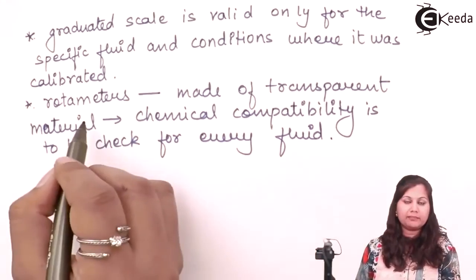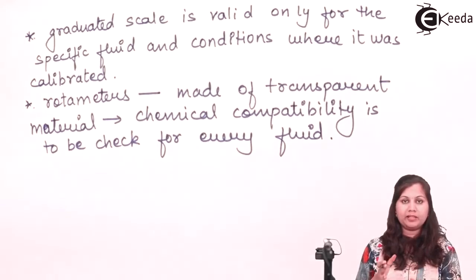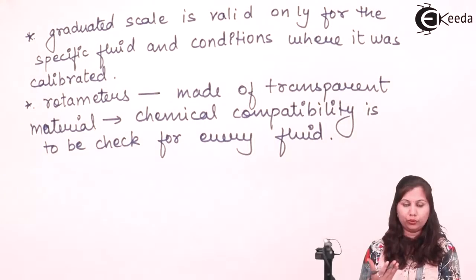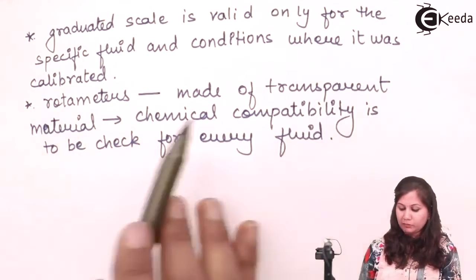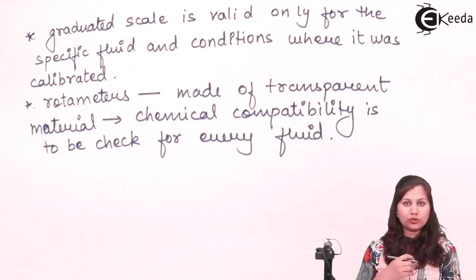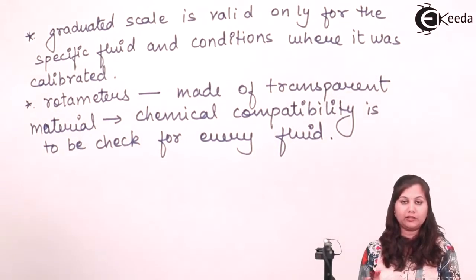Now, the rotameter tube is made of transparent material, glass, so that the operator can see the movement of the float. For the fluid whose flow rate we want to measure, we have to check the chemical compatibility of that fluid with the transparent material so that no damage can occur.